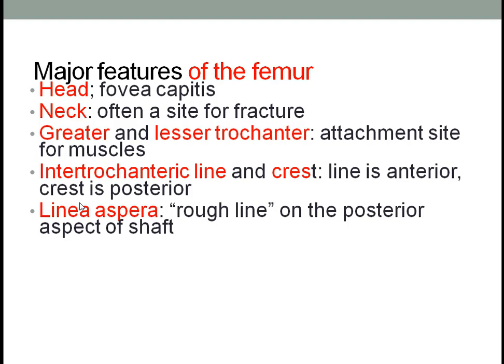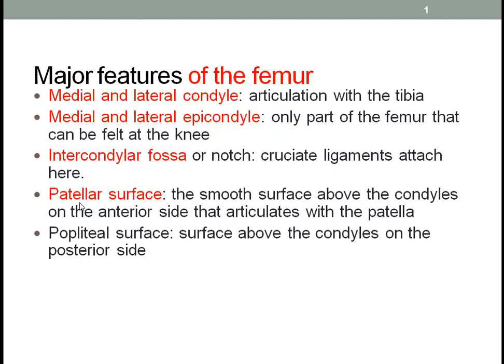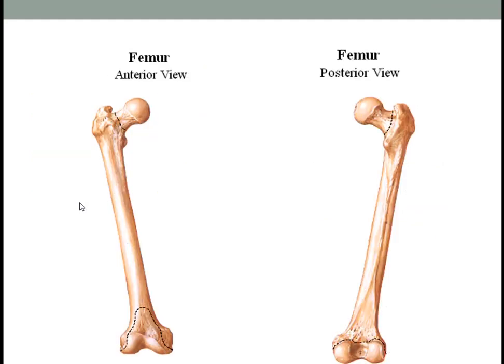So we have these features and structures of the femur: the head, the neck, the greater and lesser trochanter, intertrochanteric line and crest, the linea aspera. We are going to see them in the diagram. As we look here, this is a slide showing the right femur.